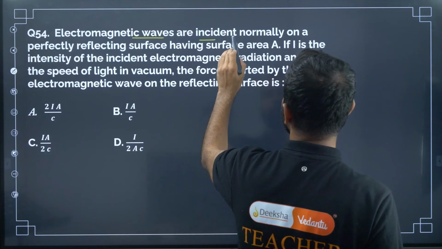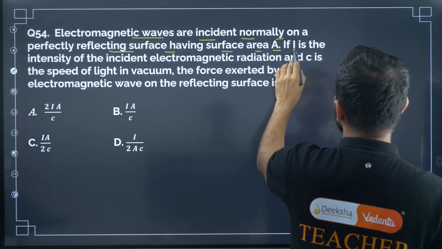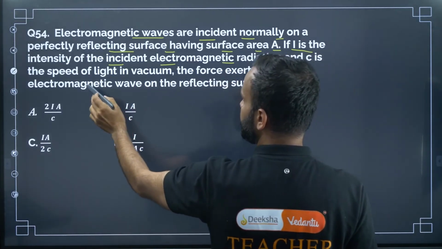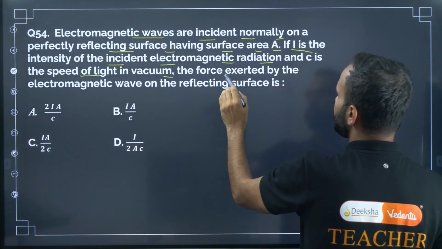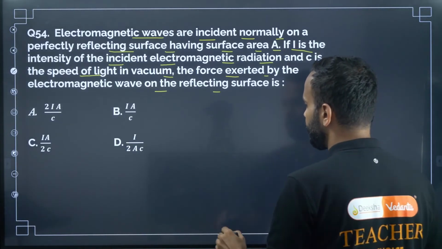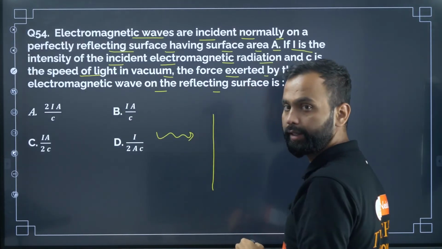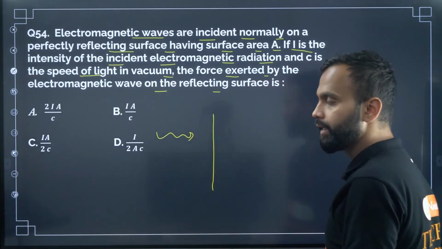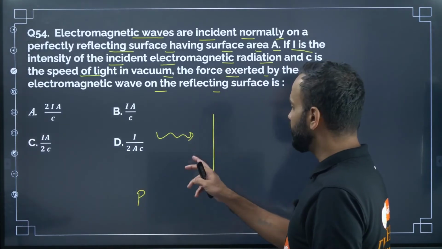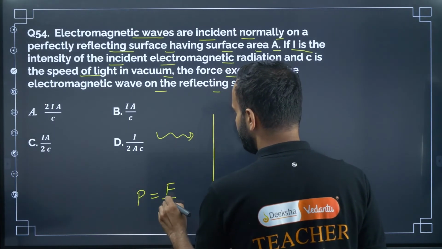Next question, question number 54. The electromagnetic waves are incident normally on a perfectly reflecting surface having surface area A. If I is the intensity of the incident electromagnetic radiation and C is the speed of light in vacuum, the force exerted by the electromagnetic wave on the reflecting surface is. Pressure P equals force exerted by the radiation divided by surface area.